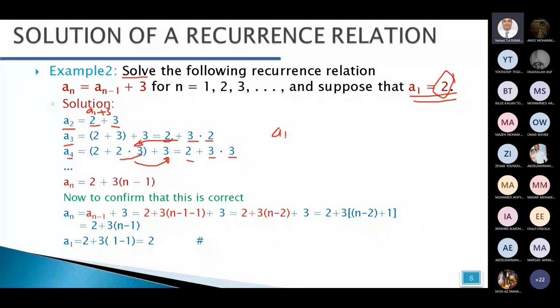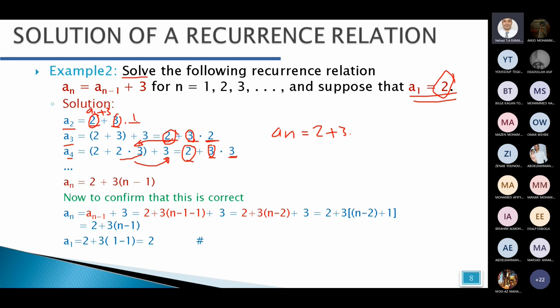So let's find AN. Look here. 2 is constant: 2, 2, 2. So we have 2 plus 3, which is also constant: 3, 3, 3. So plus 3 multiplied by what? Here multiplied by 3, here multiplied by 2. Here you can consider it multiplied by 1, because 3 multiplied by 1 is 3.